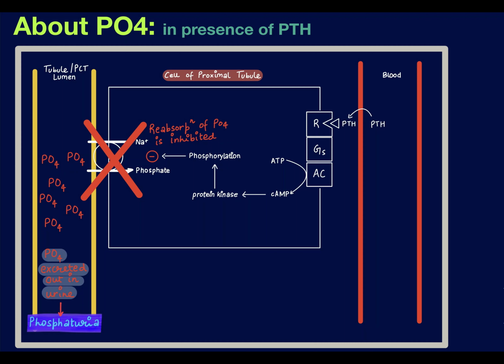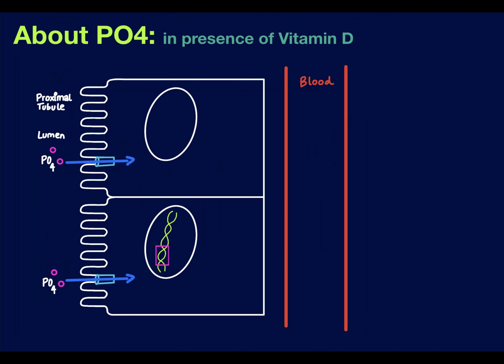Remembering the whole downstream pathway, that is the stimulatory G protein or Gs, the adenyl cyclase, the cyclic AMP, the protein kinases, is not at all important. The important thing to remember is that PTH acts on the PTH receptor, stimulating it to cause inhibition of the sodium phosphate cotransporter. This much is sufficient.